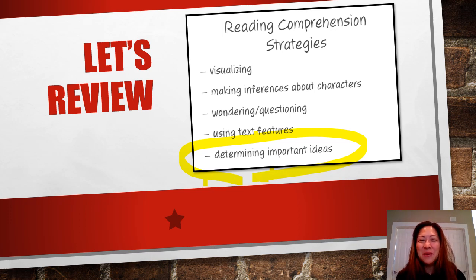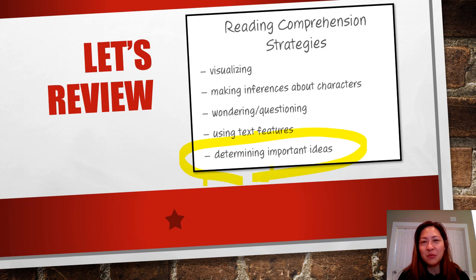I've added determining important ideas to this list of reading comprehension strategies that we have been using and talking about all year long. We started that process of really talking about what's really important to understand and remember as we're reading. And that's one strategy that is new, and we'll keep practicing that for the next week or so to come.